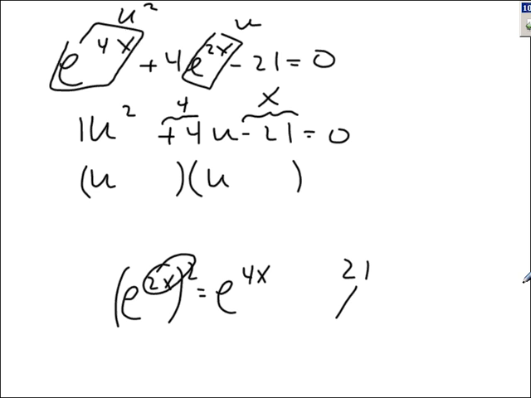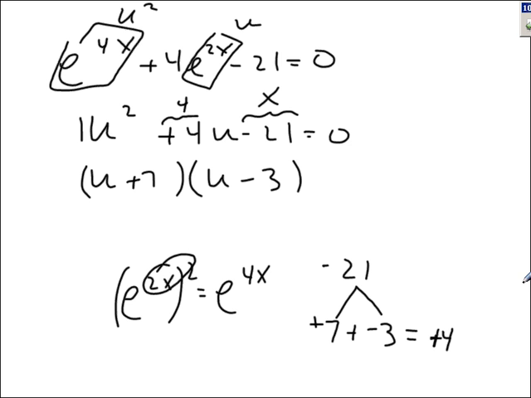I don't know too many numbers that multiply out to negative 21 other than 7 and 3, or 7 and negative 3. And they do add up to positive 4. So it's u plus 7 and u minus 3.